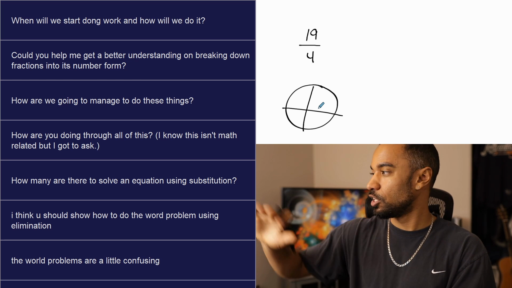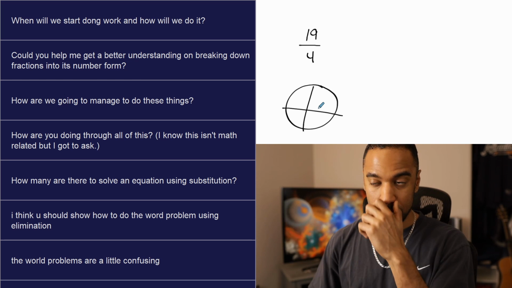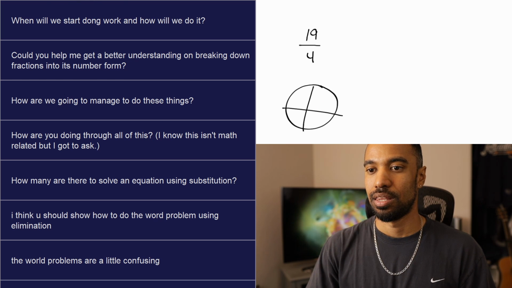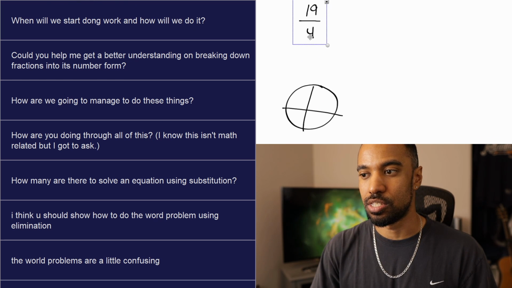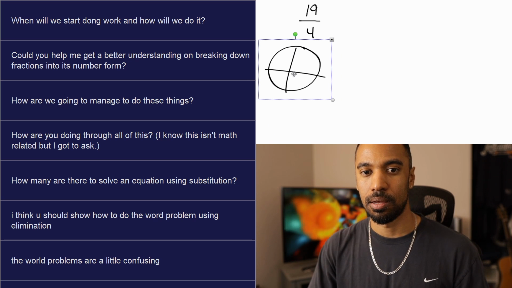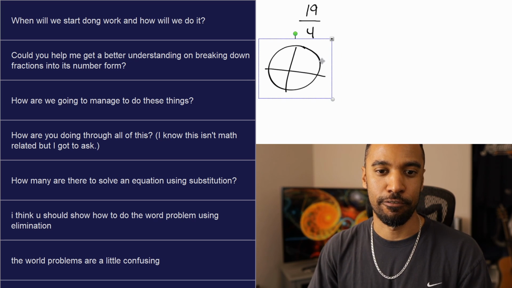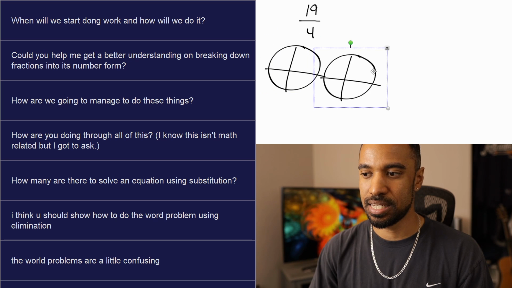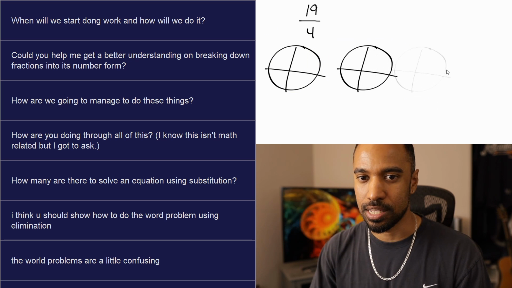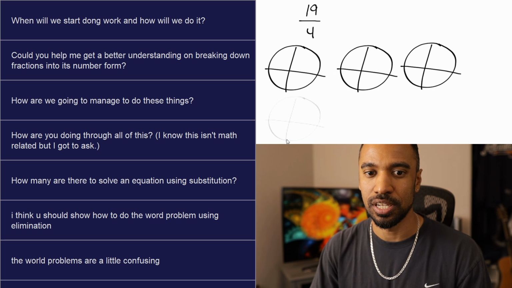And you have unlimited boxes of pizza to eat. And you end up eating 19 slices of pizza. Then the question is, how many whole pizzas did you eat? See, there are 4 slices per whole pizza. So you ate 4 slices. You ate 8 slices. Let's do a cloner here. Infinite cloner. You ate 12 slices, 16 slices.